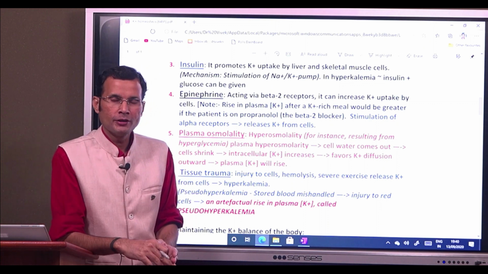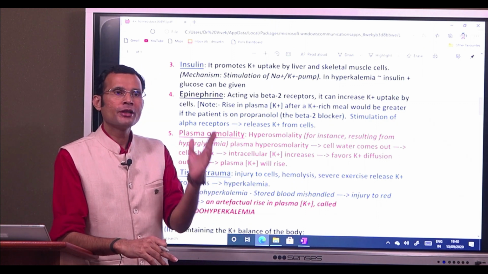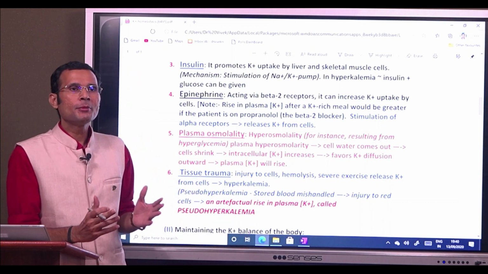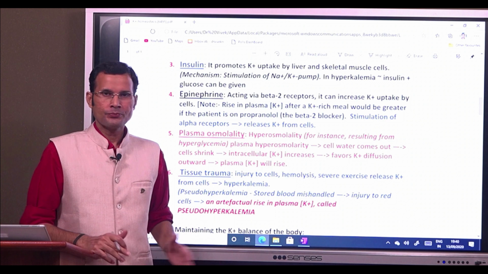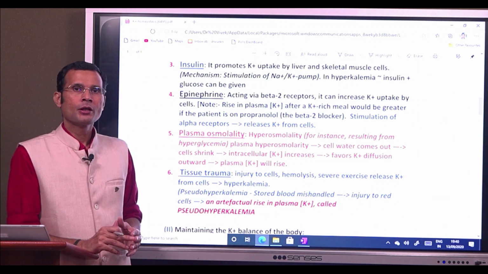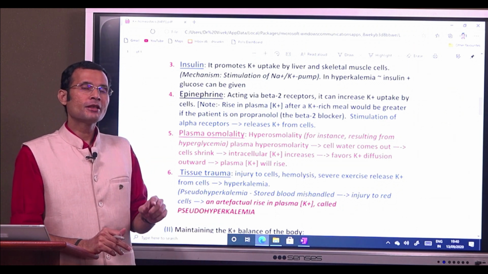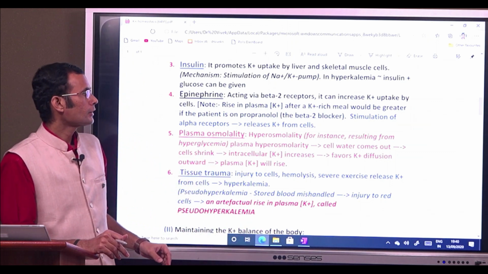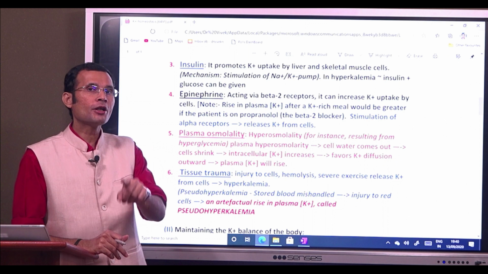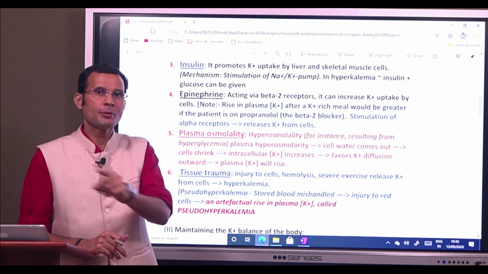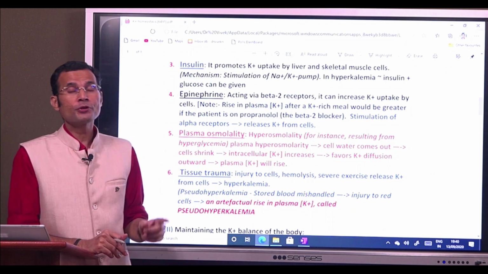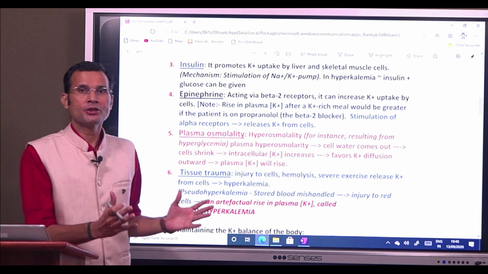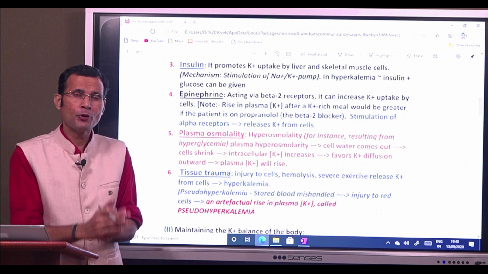Well, that's normal. When you ingest a potassium rich meal, the potassium in the plasma is going to rise. That's expected. But if the person is on propranolol, which is a beta blocker, the action of epinephrine will not happen to push the potassium into the cell rapidly, and therefore there would be a dangerous rise in the plasma potassium levels. You get that point?